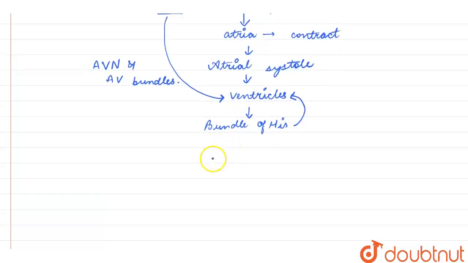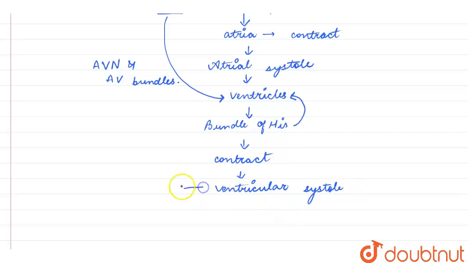Now as the action potential is carried to the ventricles, it will cause the ventricles to contract, bringing about the ventricular systole. During ventricular systole, the atrial diastole is brought about, and this will increase the pressure inside the ventricles, and this will cause the tricuspid valve and the bicuspid valve to close down, right?